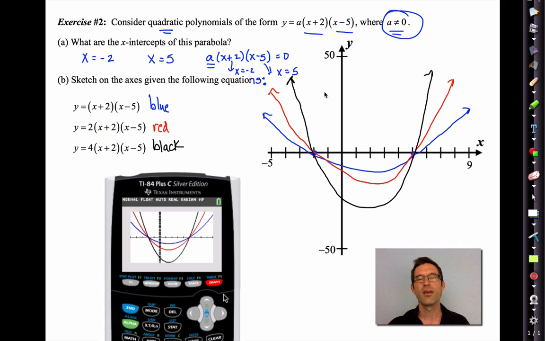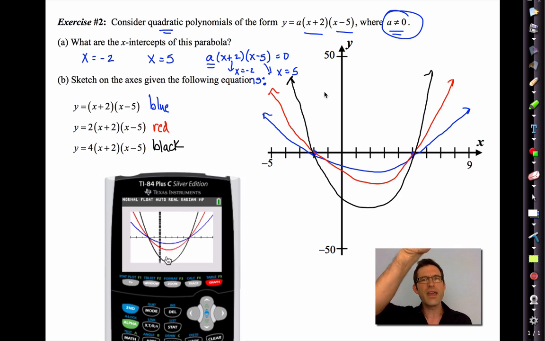All right. So at the end of the day, what we see is that because the x plus 2 and the x minus 5 are the same for all 3 graphs, they all have the same x-intercepts. And what a is doing, yet again from a previous unit, is vertically stretching this.